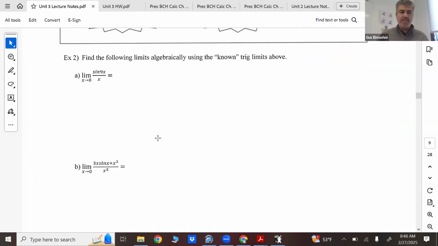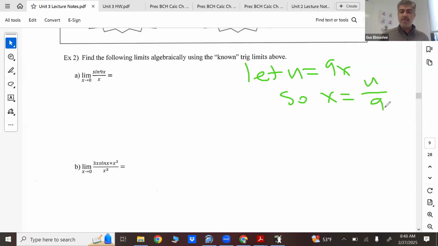Okay, this is kind of more of an extension of this whole U sub thing I just started talking about. All right. So here's what I do for this one. Let U equal 9x. Does that make sense? Also, if x approaches 0, then U approaches 0. So when you substitute, you have this, right?